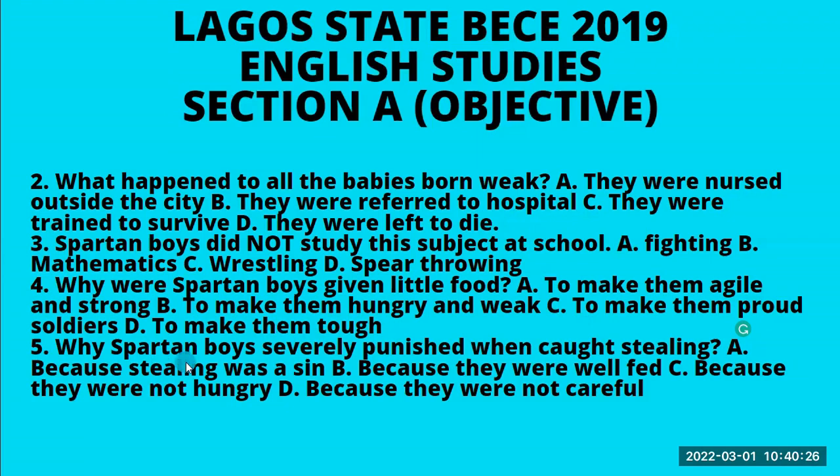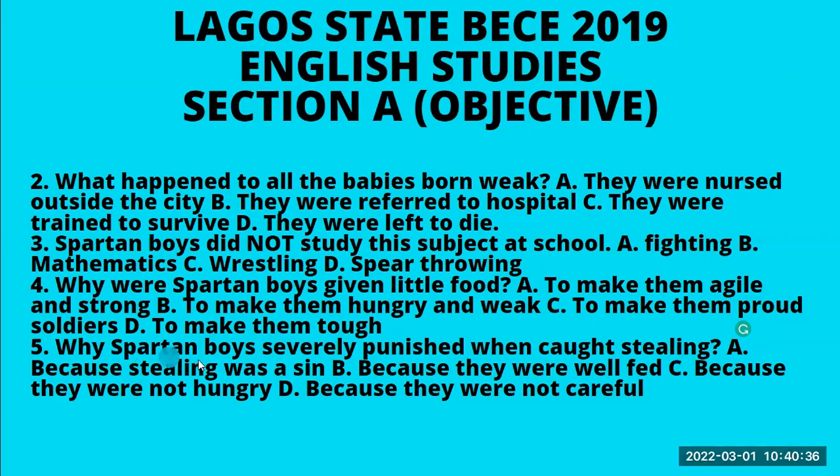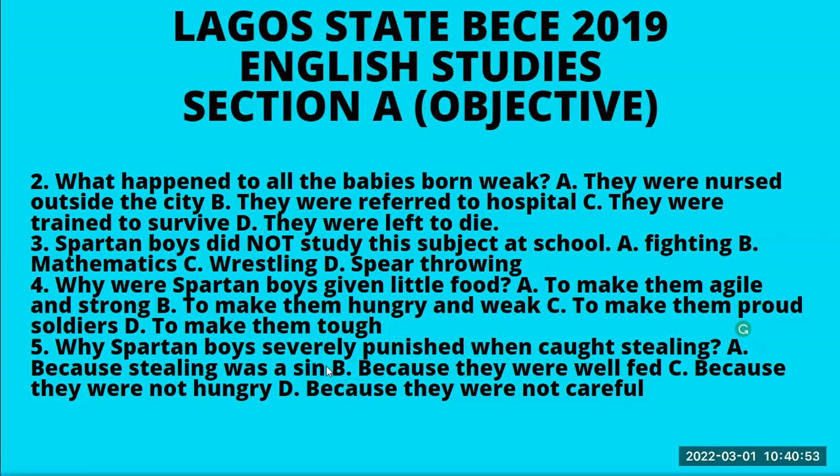Why were Spartan boys severely punished when caught stealing? So when they were caught stealing, they were severely punished. Why? A, because stealing was a sin. Well, morally, that may be a correct answer, but you never can tell.